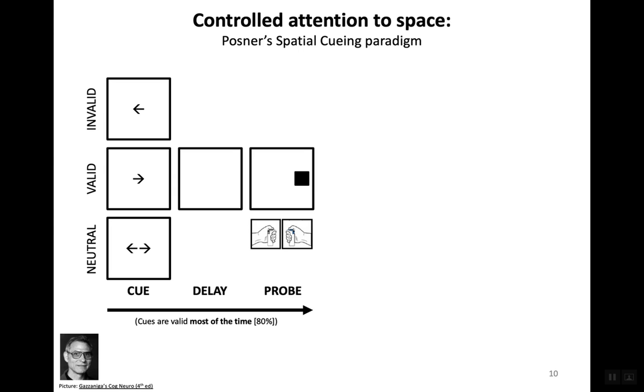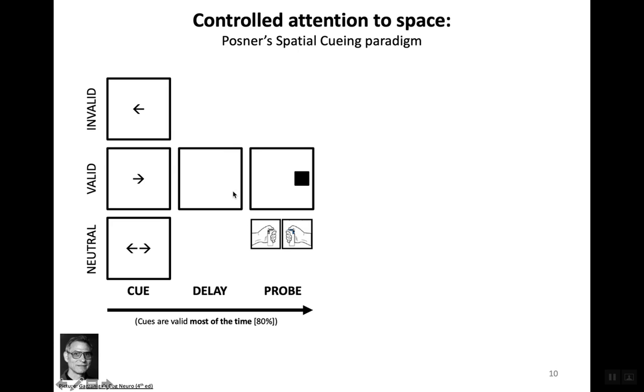What he did was design a very simple schema for an experiment in which a cue in the form of an arrow can point you in the direction of a subsequent stimulus or in the opposite direction. So what happens, to be more precise, in this type of experiment is that you see an arrow at the center of the screen, which can point you, let's say, in the right direction.